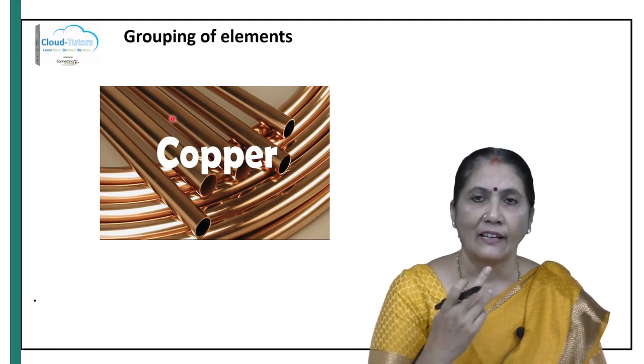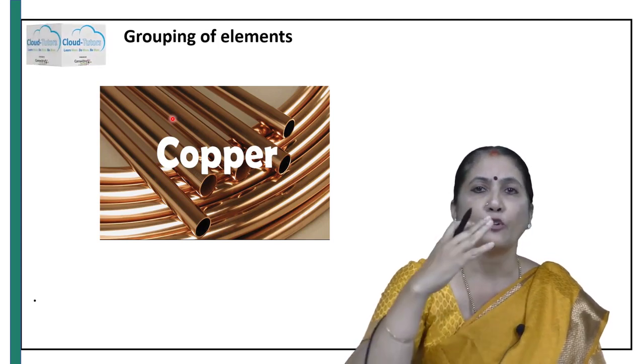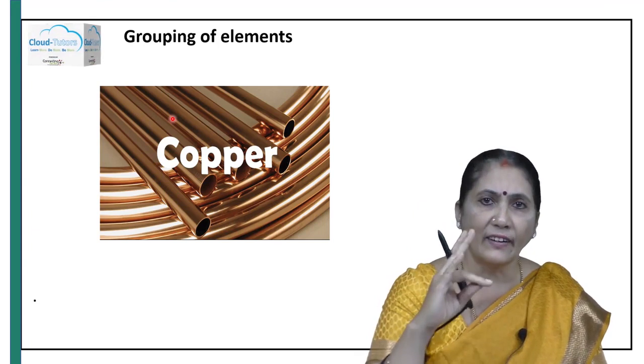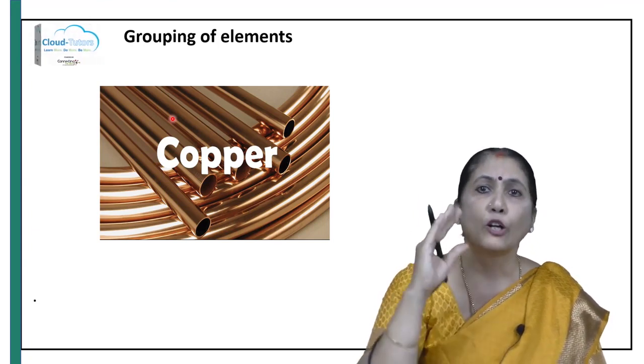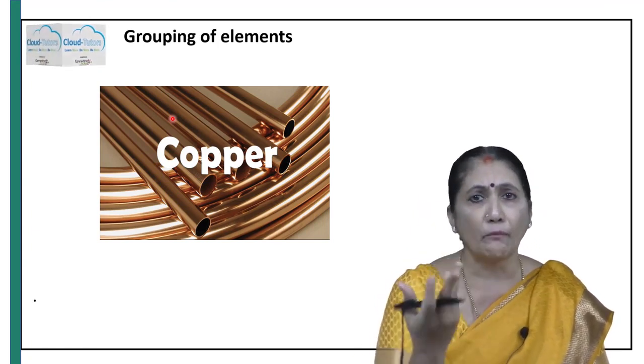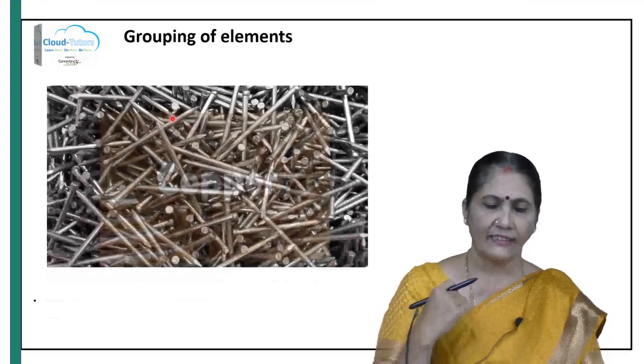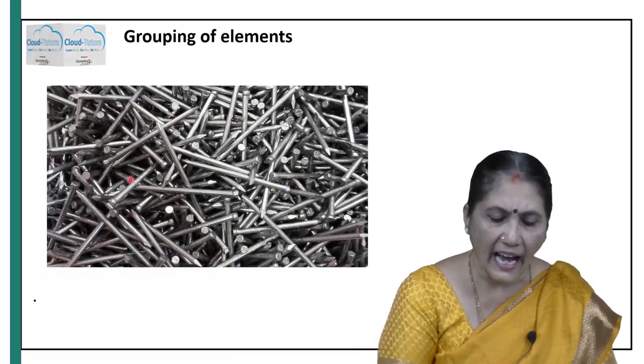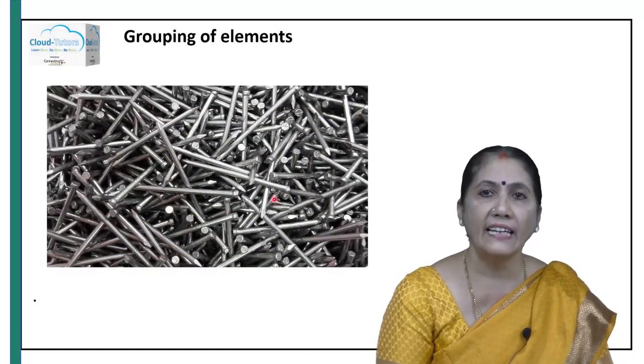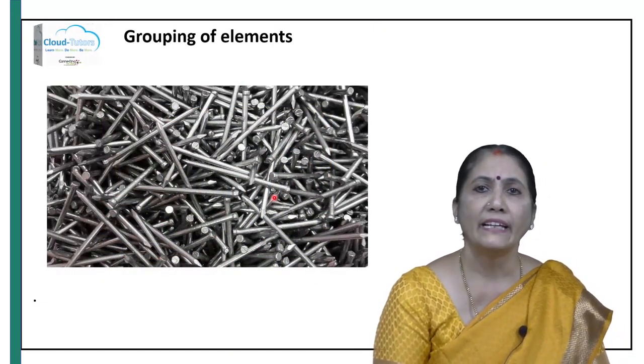But we have seen so far gold, then silver, platinum, copper. But let us see some more elements which we are utilizing. This is iron, nail, represented by Fe.